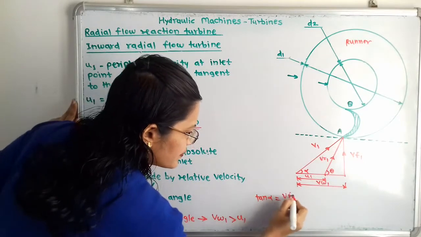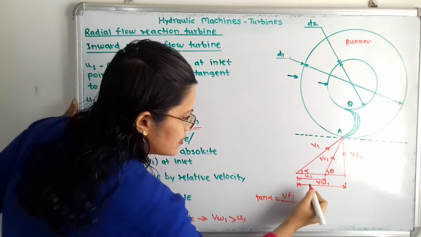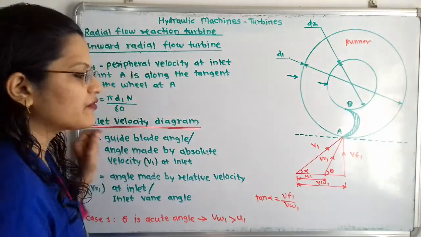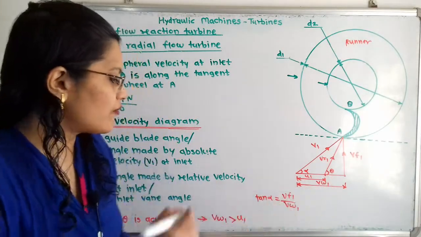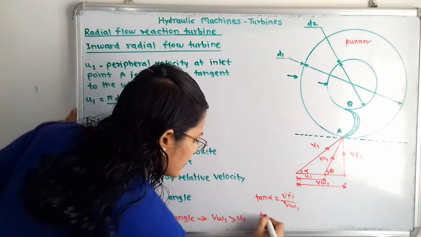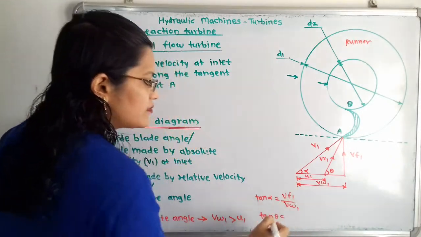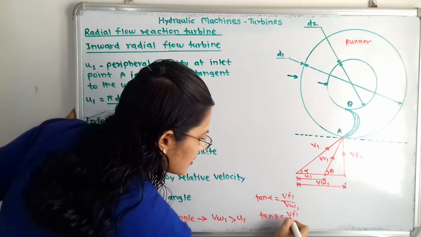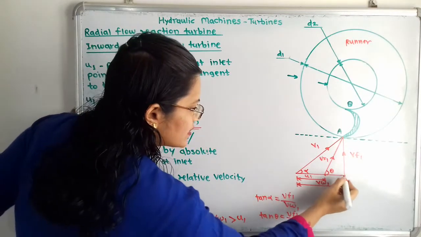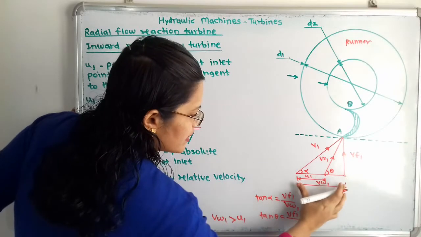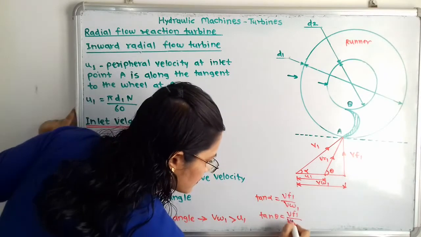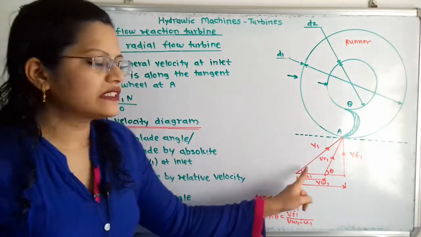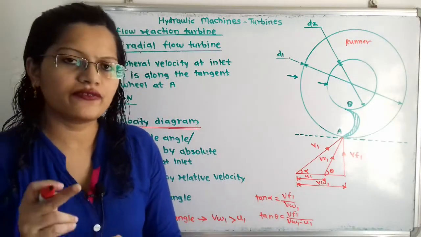VF1. And what is the nearby side? That is VW1. Now in the same way we can also write the value of tan theta. So tan theta is equal to VF1 divided by, now how we can decide this length? That is VW1 minus U1. So this is the velocity diagram for the first case.